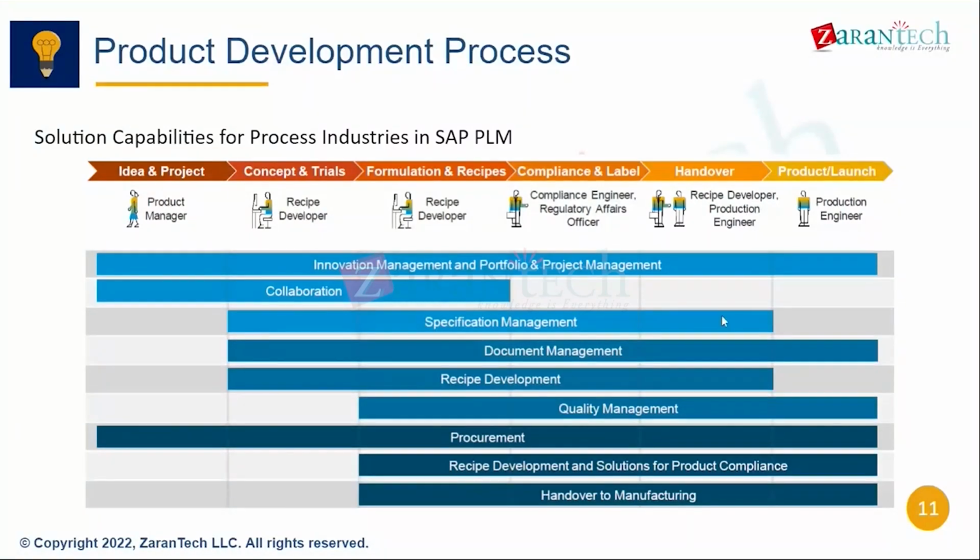Then you will see that specification management comes into the picture once a recipe developer actually starts developing a prototype, starts doing the trials, and starts maintaining the raw materials, semi-finished, finished goods and intermediates in the system. So this recipe developer will start managing everything within specification management, which is an SAP PLM component.